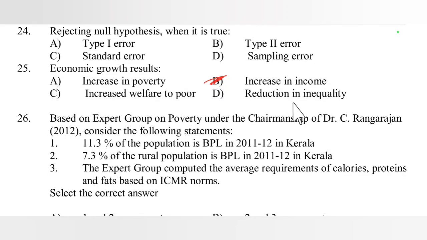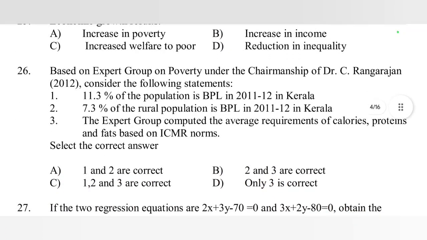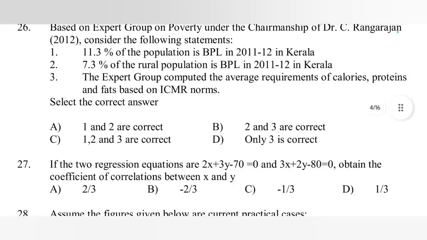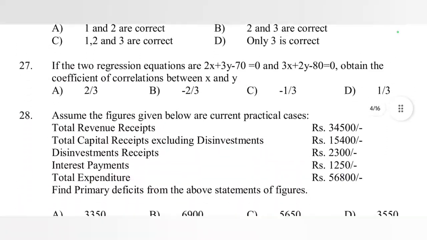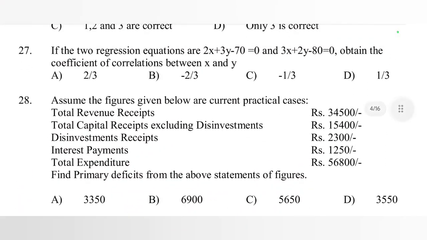Reduction in inequality is not automatic with economic growth and often depends on specific policies to address inequality. Therefore the most direct and universal result of economic growth is an increase in income. Then question number 26 is based on previous data, so let it go. Then question number 27.